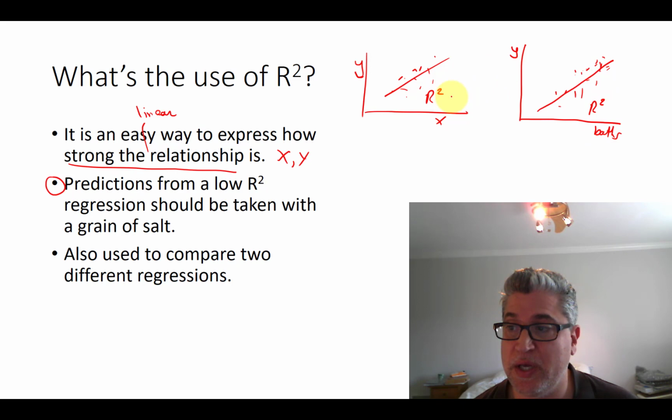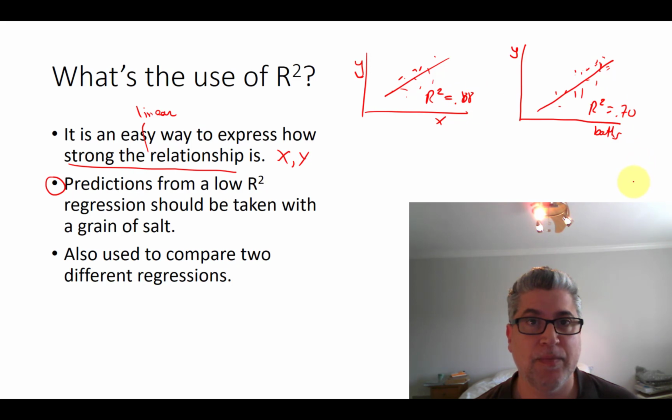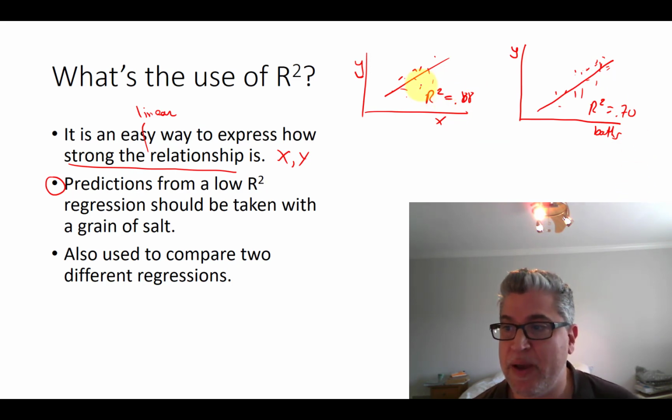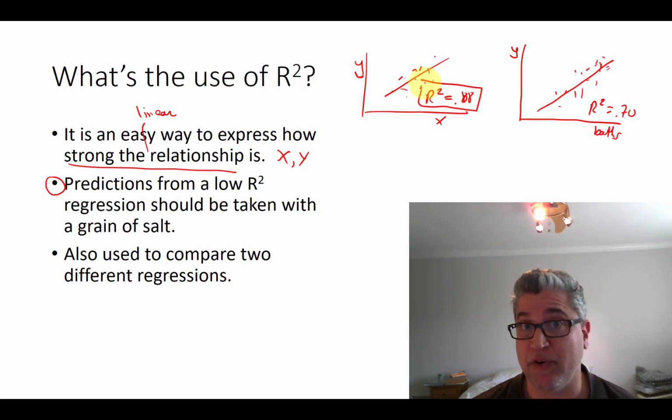And if this one was 0.88 and this one was 0.70, and you wanted to pick one and run with it, you might pick this first model using square footage. Now that's a little bit more controversial. There's a lot of caveats that have to go with that. We'll get into that as we study more about regression.